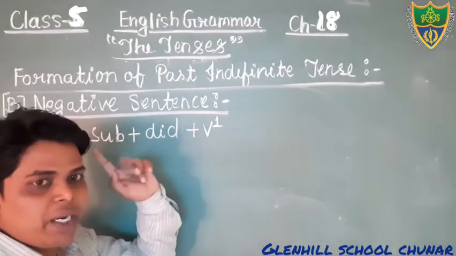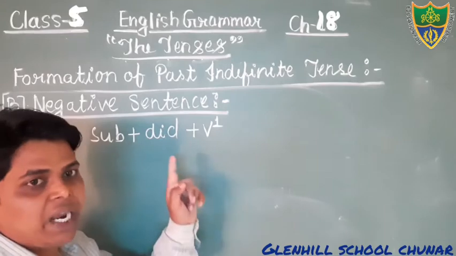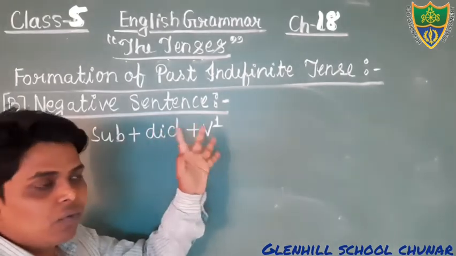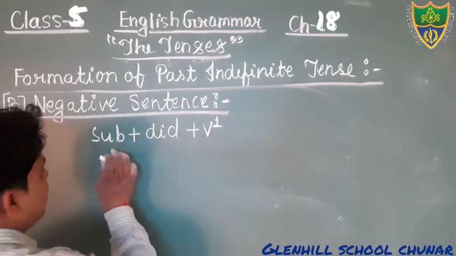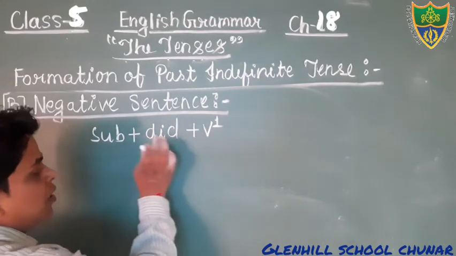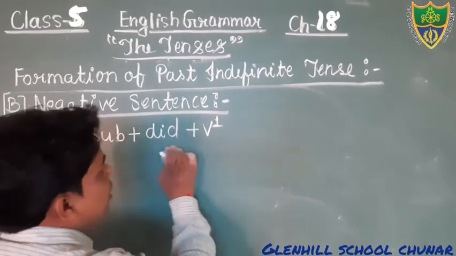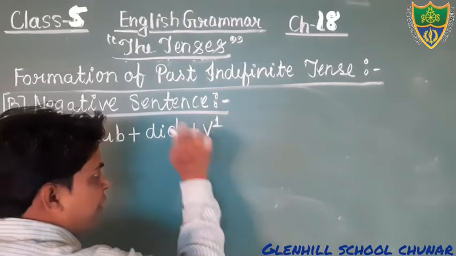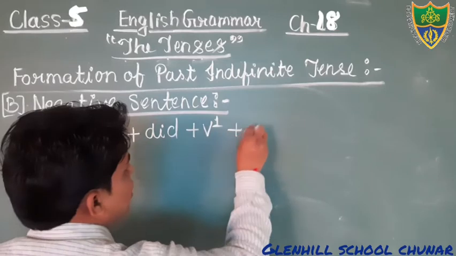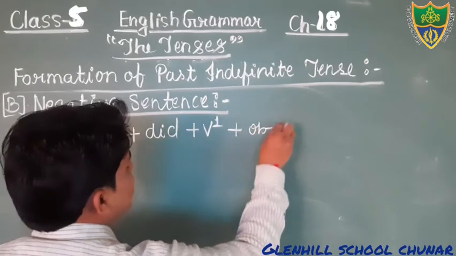In negative and in interrogative we will not add the second form of the verb in the structure of any kind of sentence. So just see, subject will be there, helping verb did will be there, then after verb first form of the verb will be there, then after if there is object, then you will mention object.